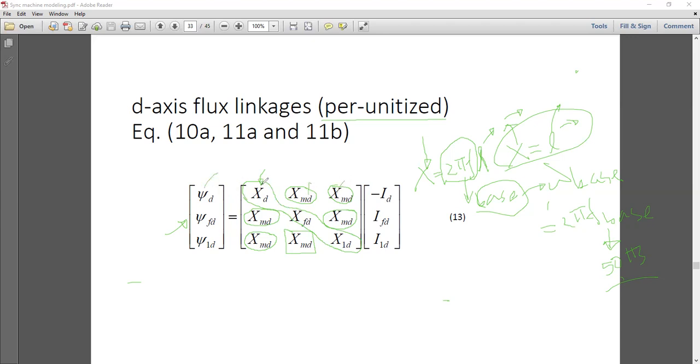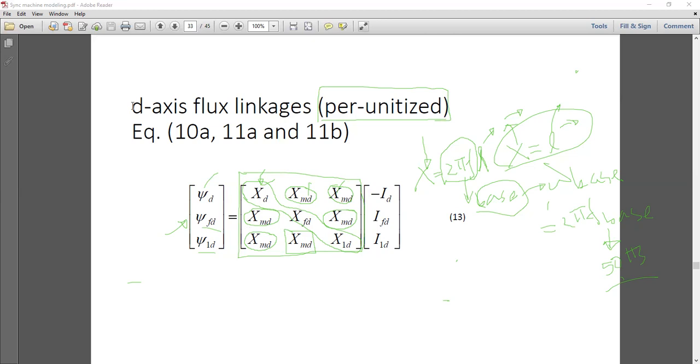So psi d is now XD minus ID XD plus XMD IFD and XMD I1D. Similarly, psi FD and psi 1D. So this is what we actually wanted, and we have achieved it through per unitization.